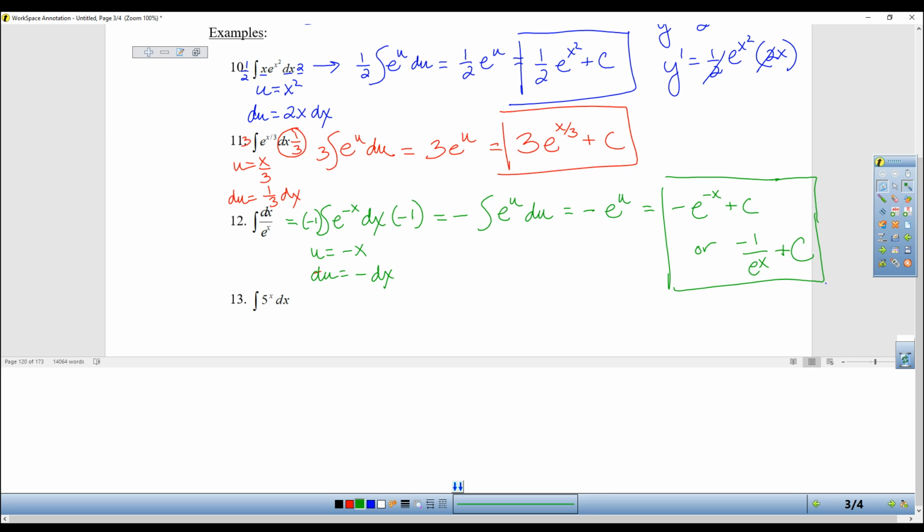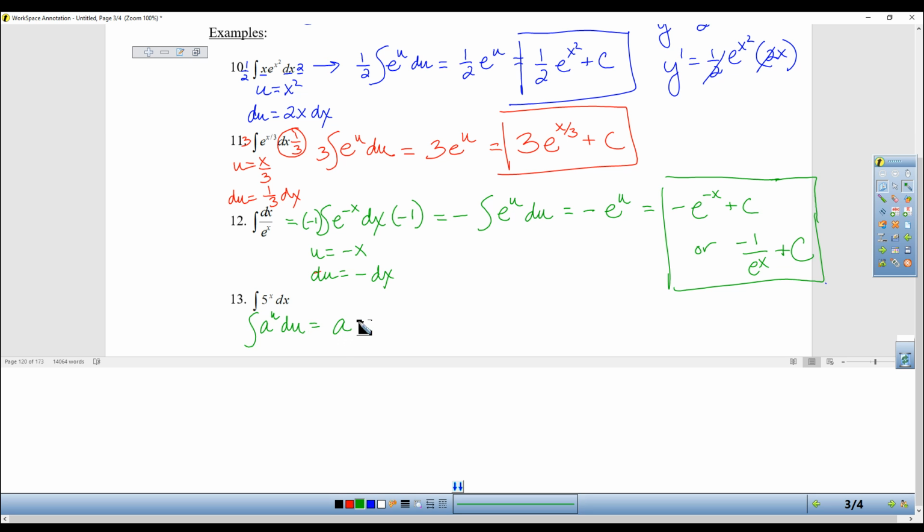So on the next one, you want to use the formula that's at the top of your paper. So this is really a to the x. It says at the top that the integral of a to the x dx, it actually gives it as a u. So I guess I'll stick with the u. But in this case, why did it not really matter? Because if it's just x, you don't really need the whole u thing.